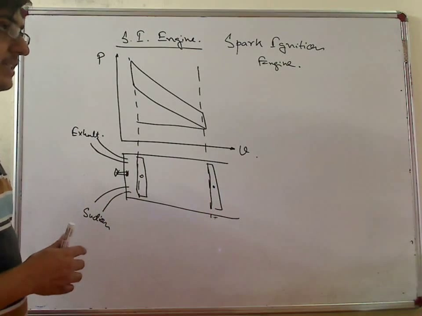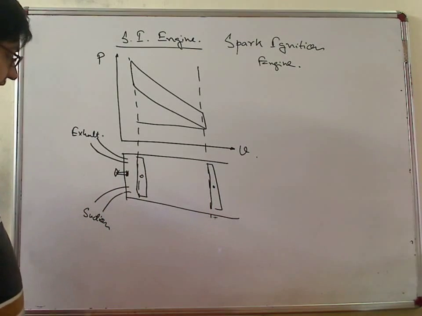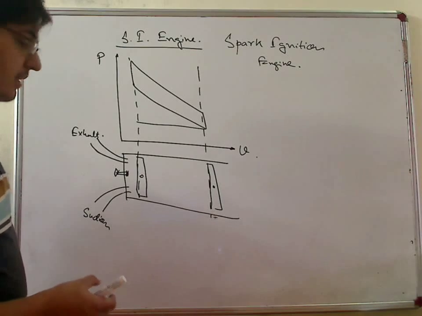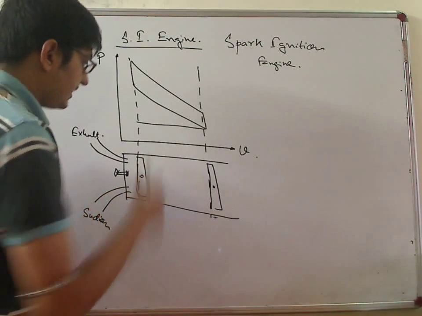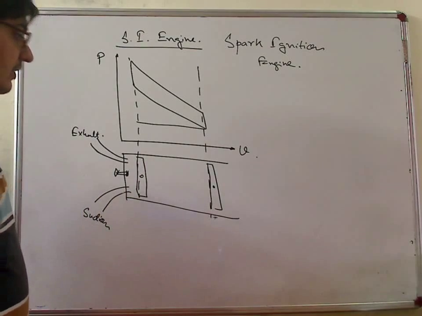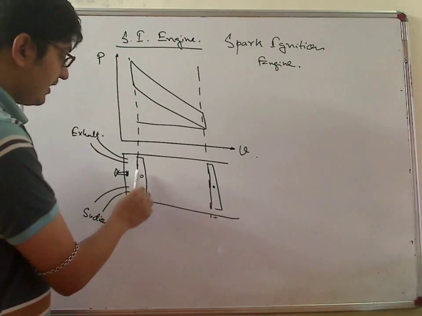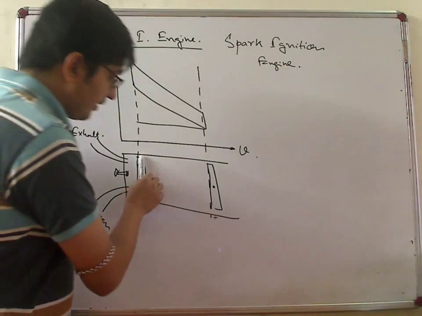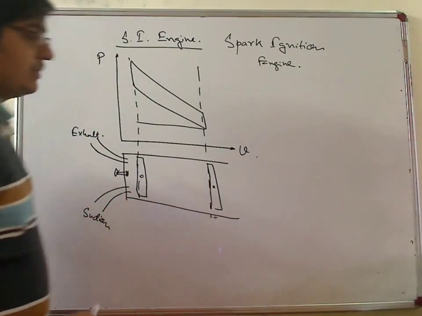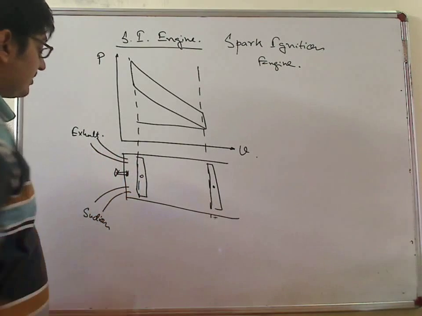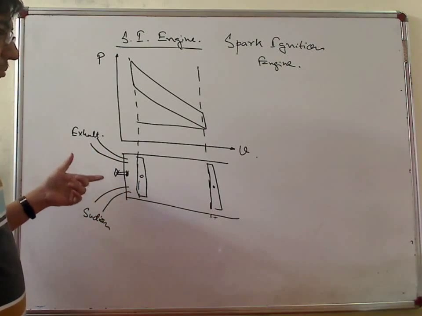As this mixture compresses, the temperature and pressure increases. Then the spark plug creates some spark. Due to this spark, the mixture burns, and by this huge energy it tries to move this piston towards its end, which creates power, and in the next it exhausts the burnt gas.